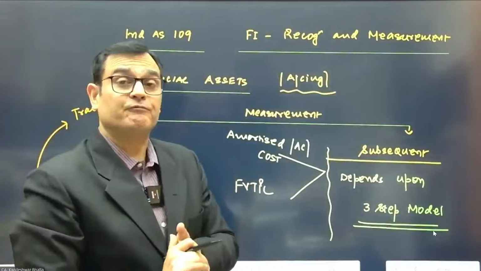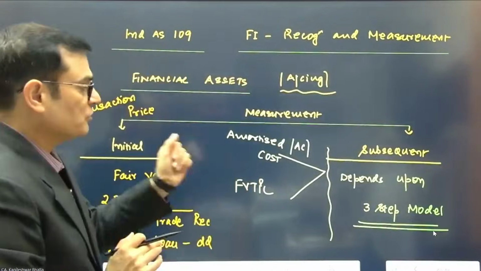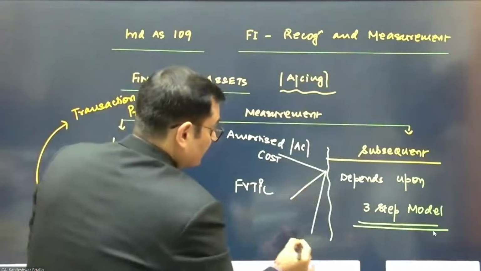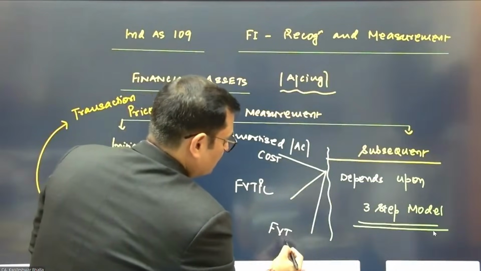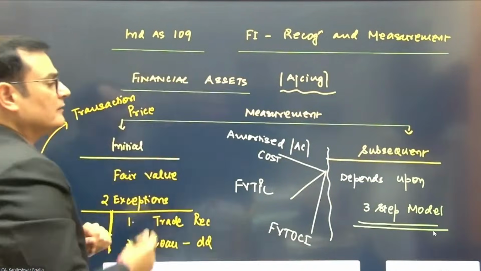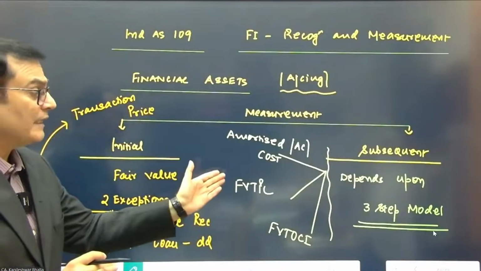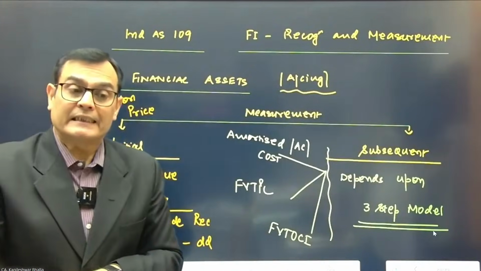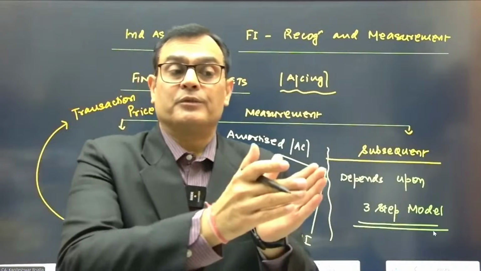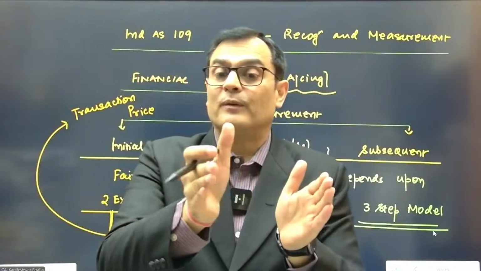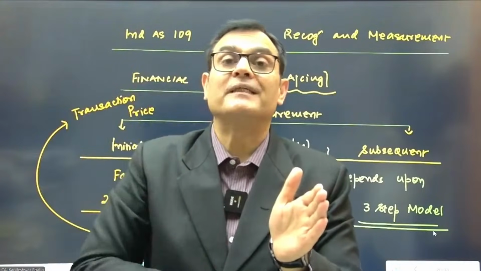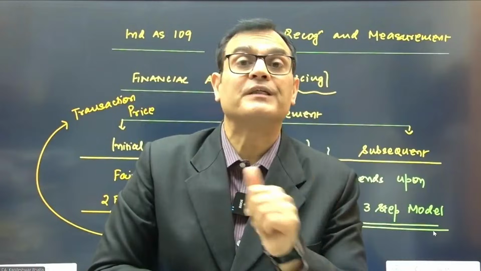Many people call it as FVPL. They don't use the word T. I use it. The next one is called FVTOCI. That means you consider the financial assets measured at a fair value. So at each balance sheet date, you're going to capture the financial assets at a fair value, and the fair value changes will be taken in other comprehensive income.